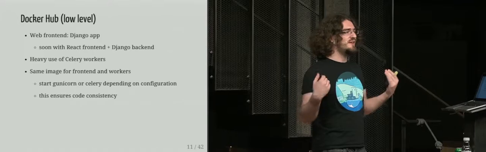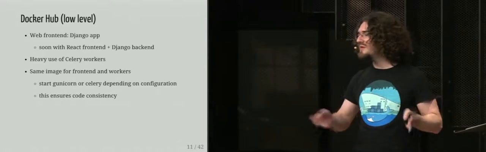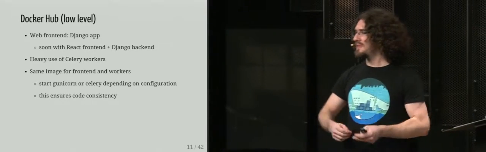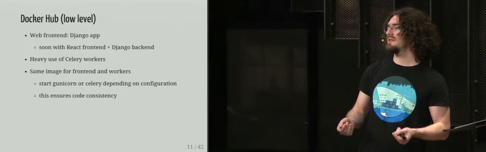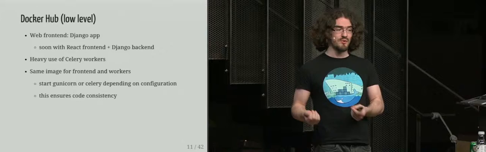So there is a Django front end, which we are moving to React to optimize and make that snappier and everything. But it's Django, and we have a lot of background workers.